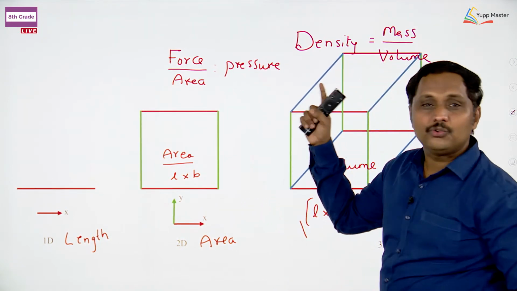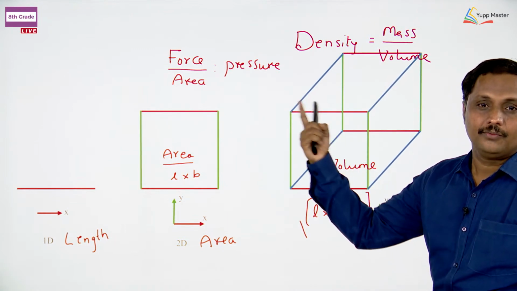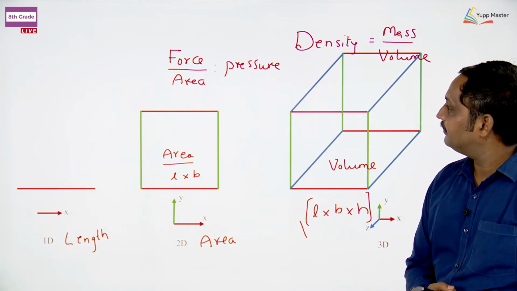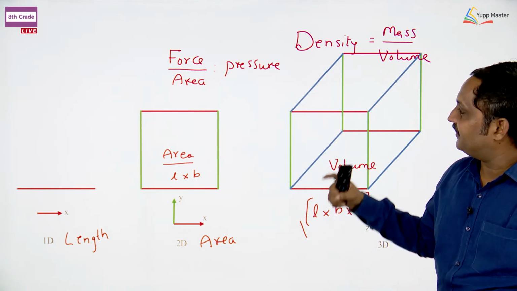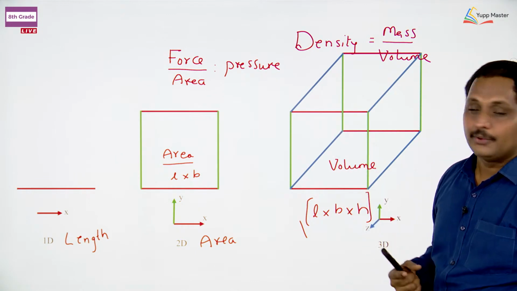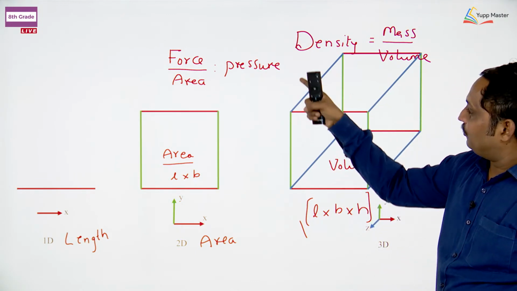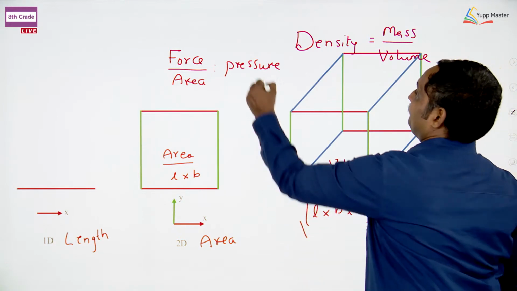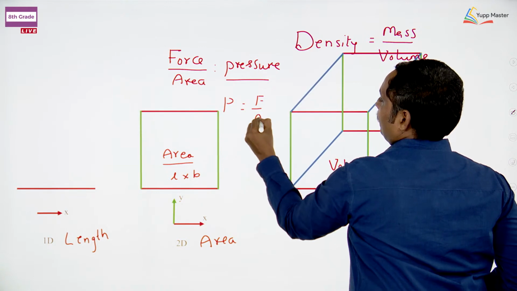So these are all very useful while you calculate a physical quantity, like measuring the pressure exerted by an object. You can take force by area, that gives the pressure. You will confirm like that. That is simply F by A.